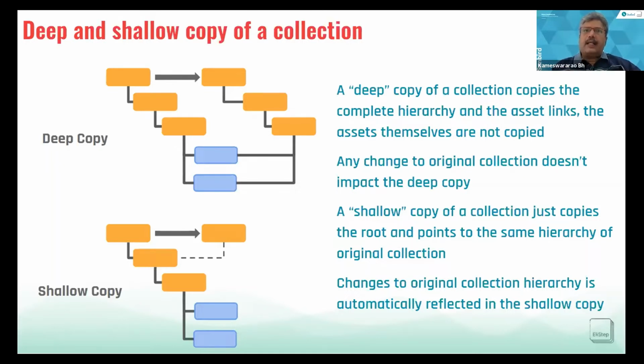Those things at a collection level can be modified in the new copy. But the entire hierarchy and the contents or assets linked are pointing to the original collection. So any changes that happen to the hierarchy or assets linked are automatically reflected in the shallow copy.